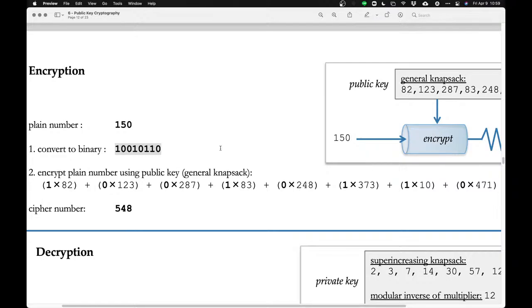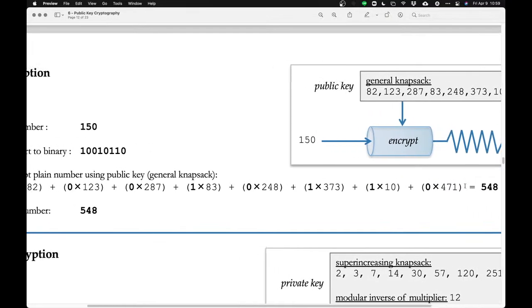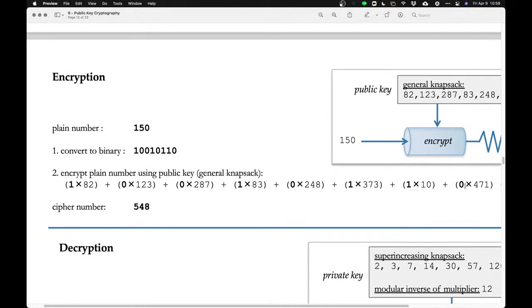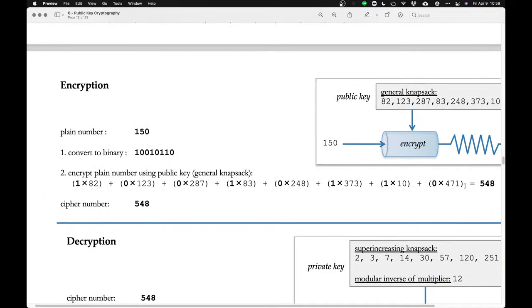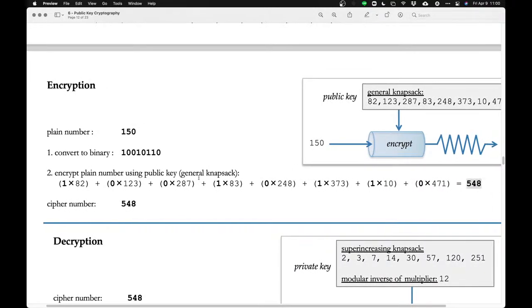Just those bits, 1 0 0 1 0 1 1 0. The zeros cancel certain numbers out. If you add the remaining numbers, you will get another number, 548. That's your ciphertext. You've now encrypted the number 150 into the number 548.